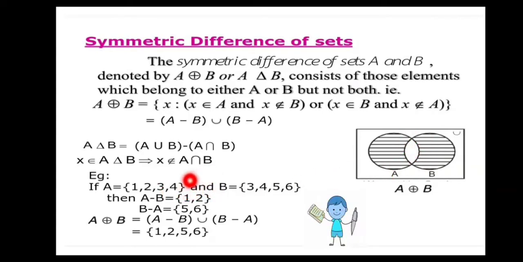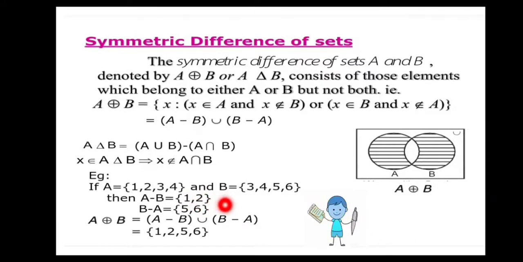Here see the example. A equals {1, 2, 3, 4} and B equals {3, 4, 5, 6}. Then A minus B means we subtract the elements of B and remove the common elements, that is {1, 2}. What is B minus A?